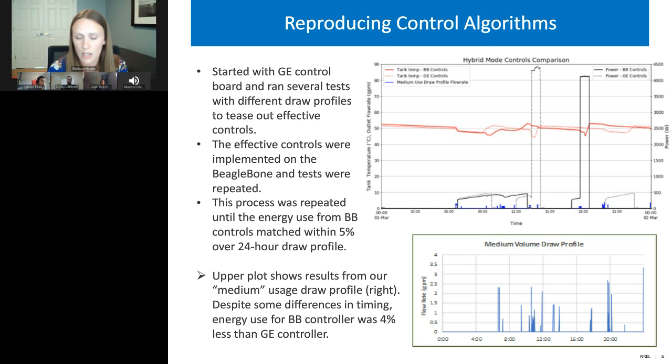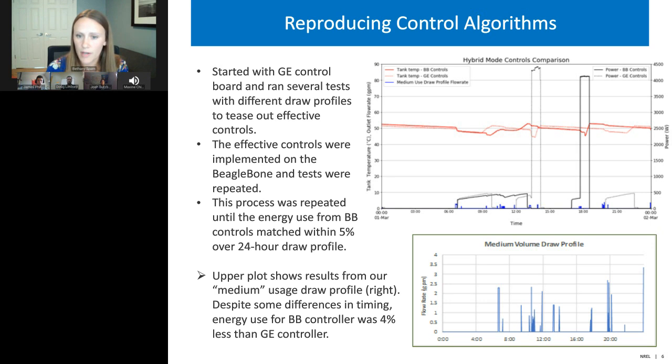We didn't know what they were, but we were trying to replicate them so that our initial round of testing would be roughly what we would expect to happen if we could control the water heater in the set point control fashion. So we ran through lots of different draw profiles with the GE controller, and then we would look at when things turned on and try to implement those on our BeagleBone and then run through the same series of tests.